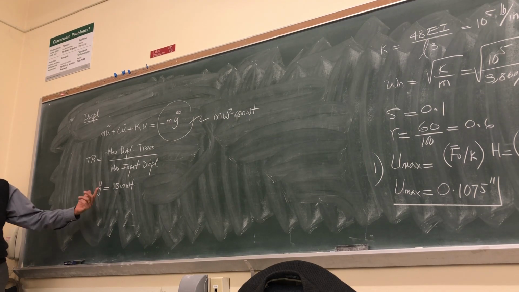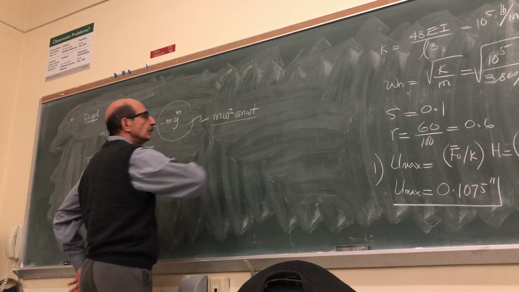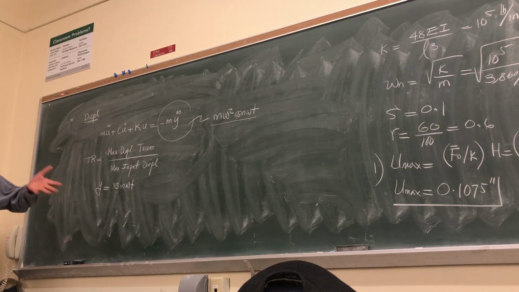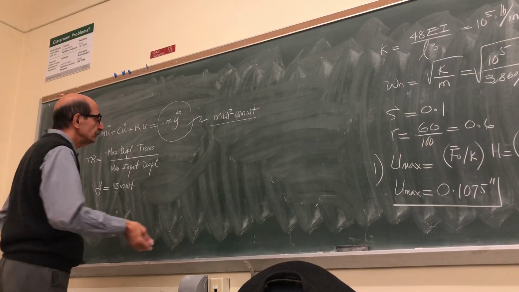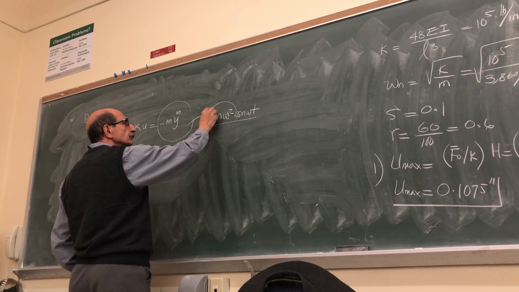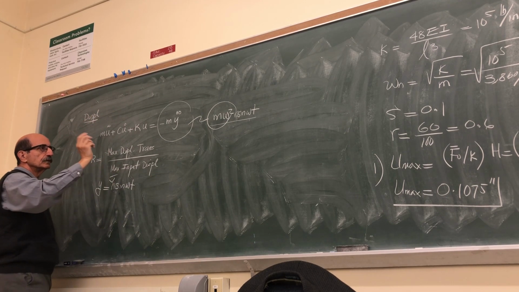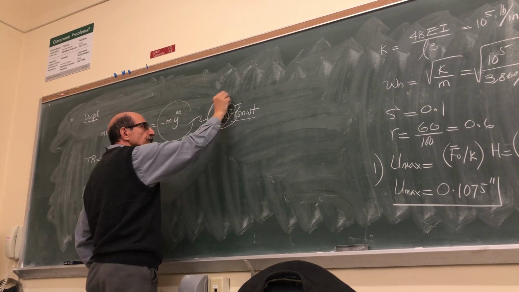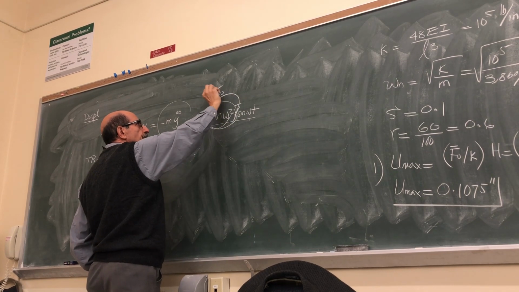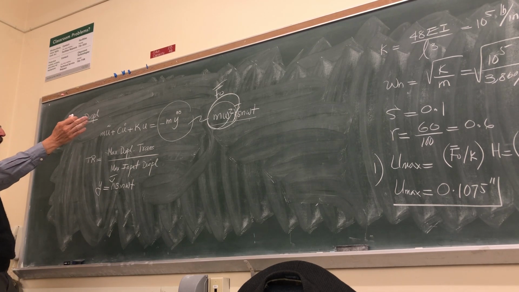So this becomes your forcing function for the right-hand side. Let's consider this had also some amplitude, so I will put some amplitude here too. So this is F0.